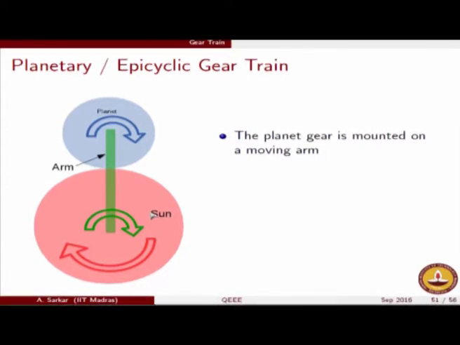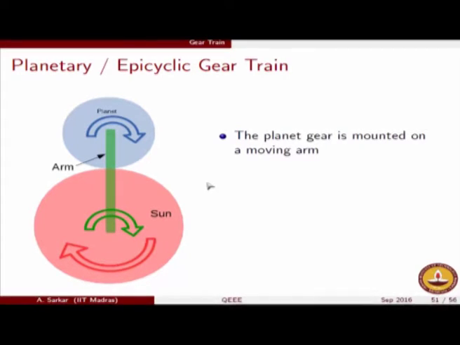This is why it is called a planetary gear arrangement, because as the arm rotates, it will carry the planet in one complete revolution across the sun, but the planet also rotates about the arm. So as the planet is revolving around the sun, it is also rotating about its own axis.